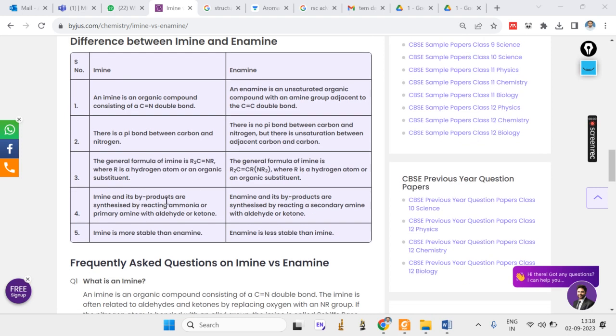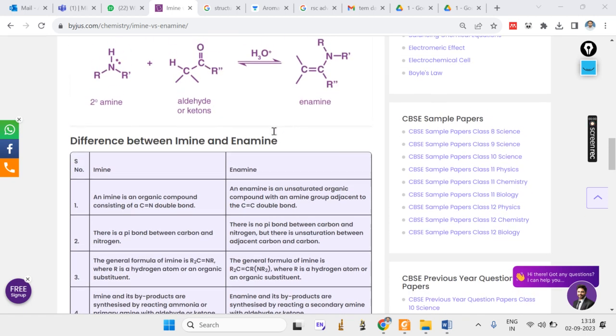Imines are synthesized from ammonia or primary amines with aldehyde or ketone. But enamine is the reaction product of a secondary amine with aldehyde or ketone. Imine is more stable than enamine; enamine is less stable than imine. Please remember this. This is the difference. So this is regarding imine and enamine.